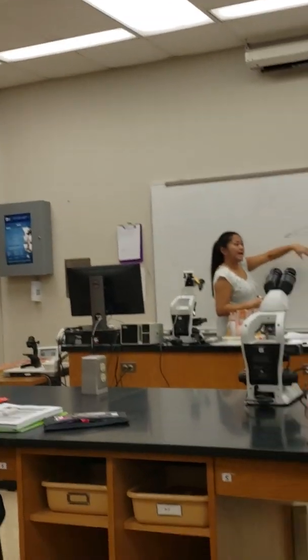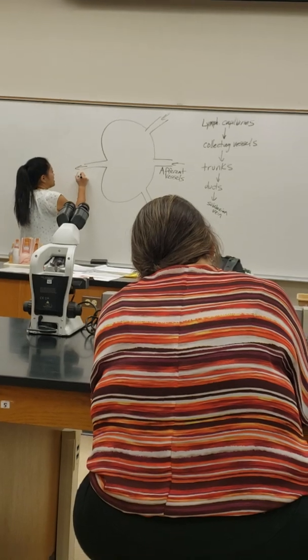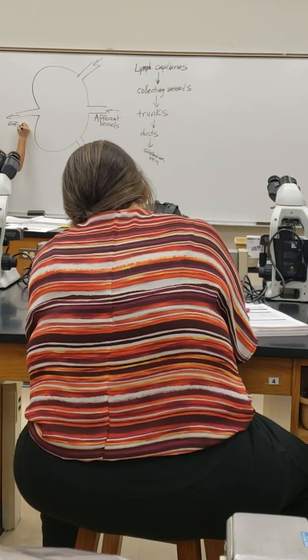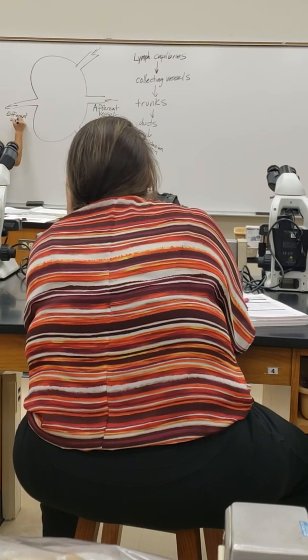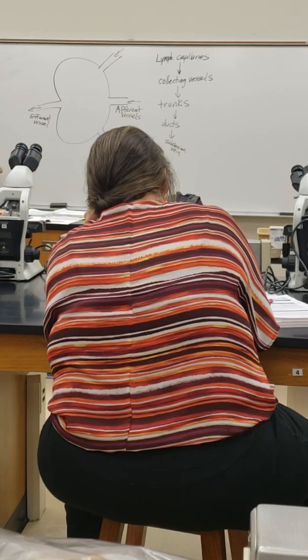Okay? So all of the vessels going into the lymph node are called afferent vessels. And all of the vessels, or that one vessel coming out of it, is called the efferent vessel. Okay?